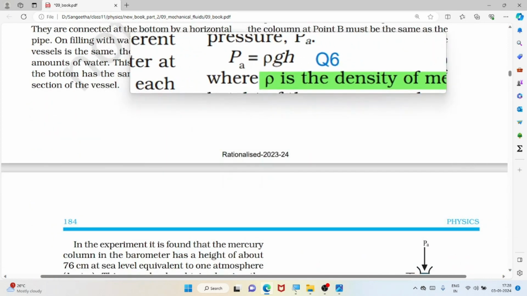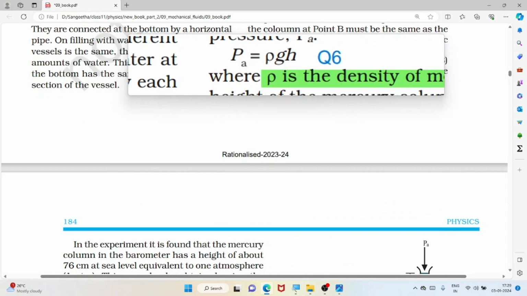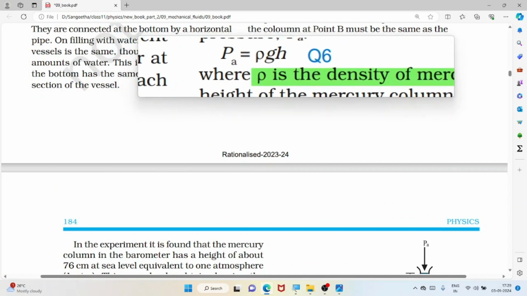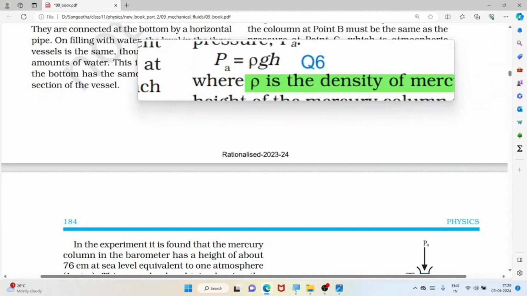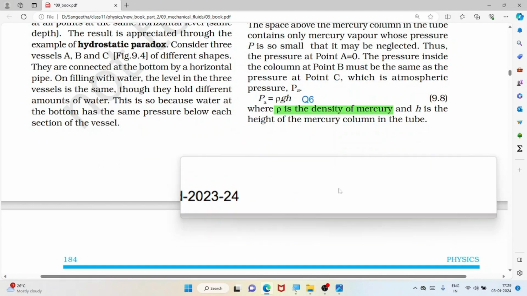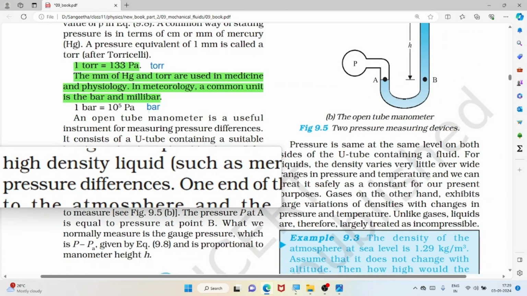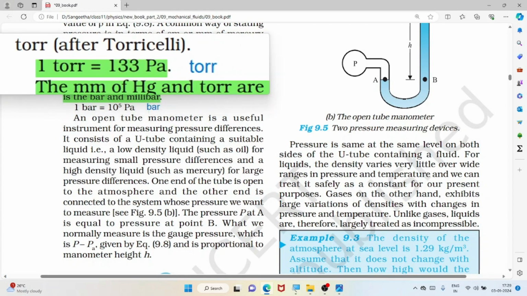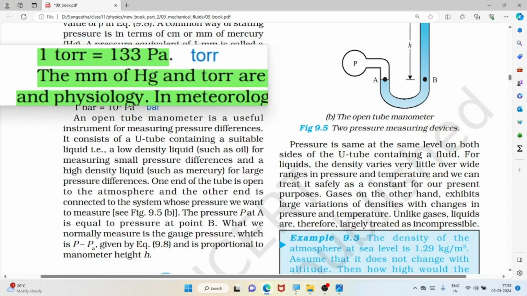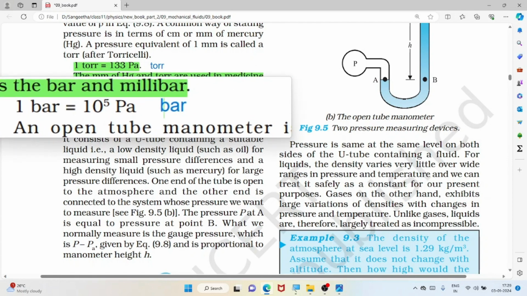Pressure at a particular depth is equal to density into acceleration due to gravity and the height. Rho is the density of the mercury here. For any liquid, this formula is valid. 1 torr equals 133 Pascal and 1 bar equals 10 power 5 Pascals.